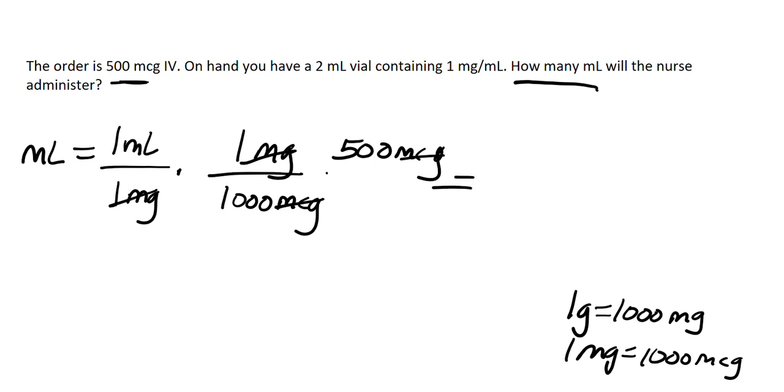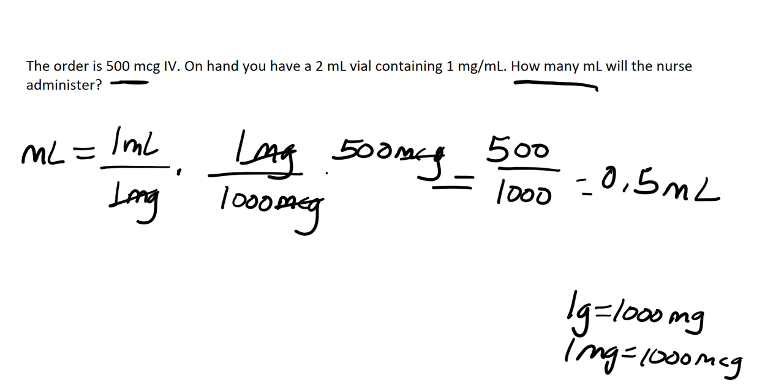We can multiply. 500, 1 times 1,000 is 1,000. 500 divided by 1,000 equals 0.5 milliliters. That's it.